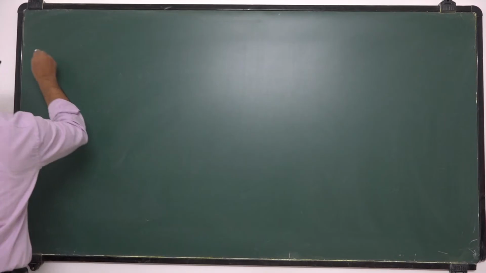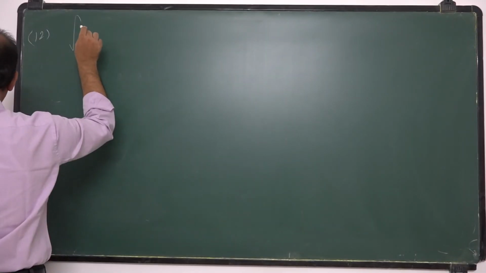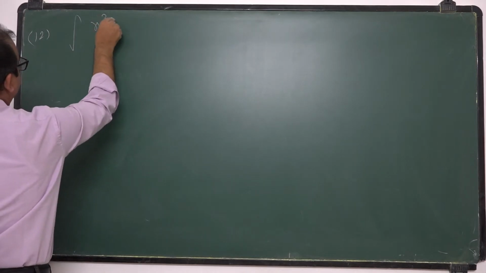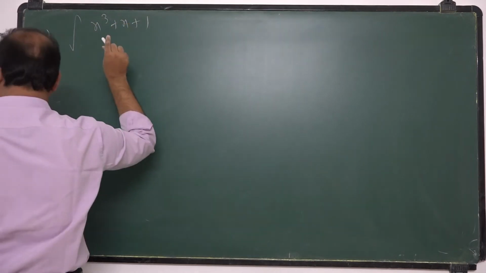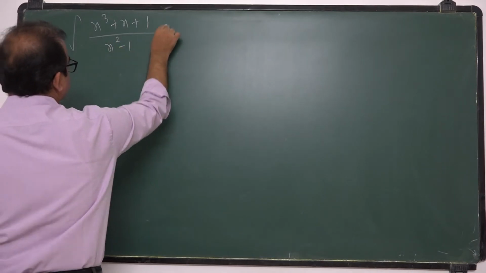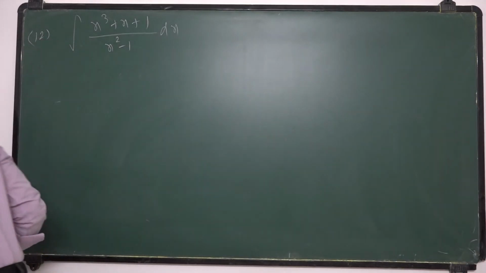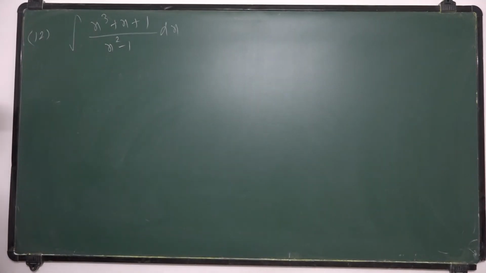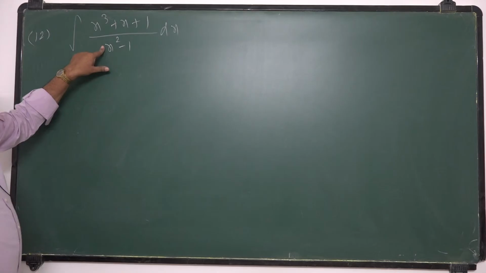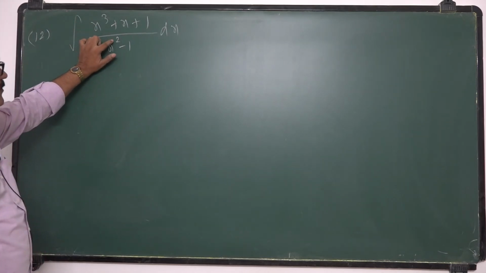Twelfth, integral of x cube plus x plus 1 by x square minus 1 into dx. See here, in this problem, the degree of numerator is 3, the degree of denominator is 2.